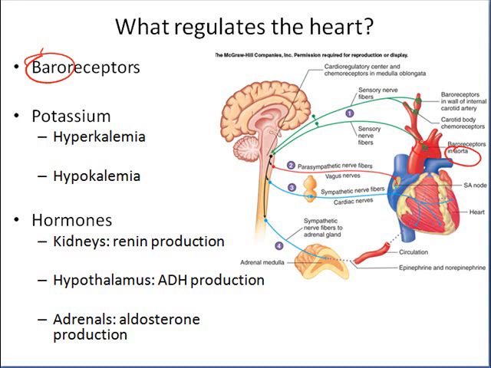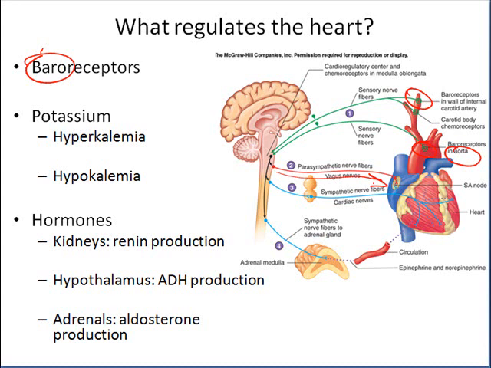They send signals off to the brain, to those regions of the brain we talked about previously, the cardioregulatory center and the medulla oblongata, and there that information is processed by the medulla oblongata, and if, for example, heart rate gets too high, then signals will be sent along the parasympathetic neurons, along the vagus nerve to slow heart rate down to try to decrease the overall blood pressure.